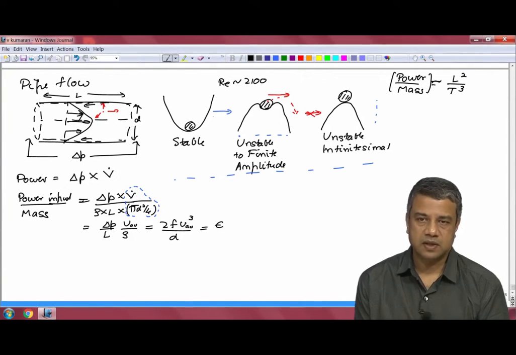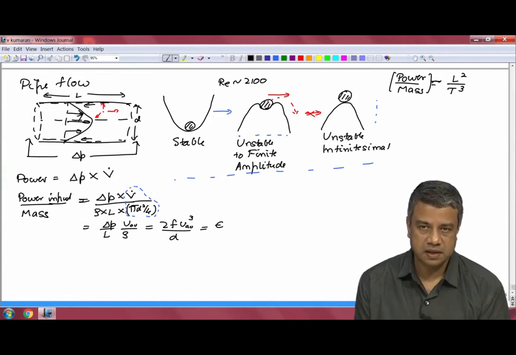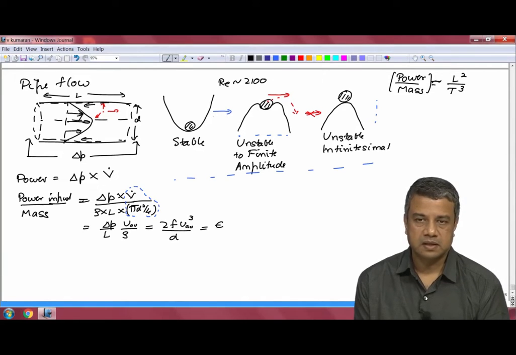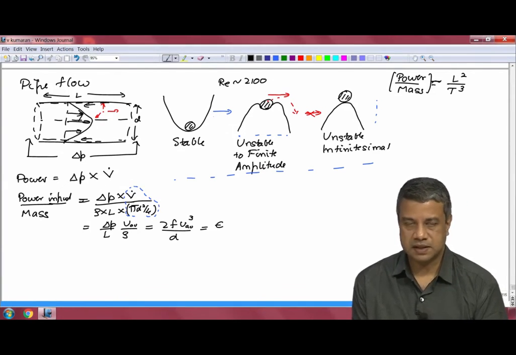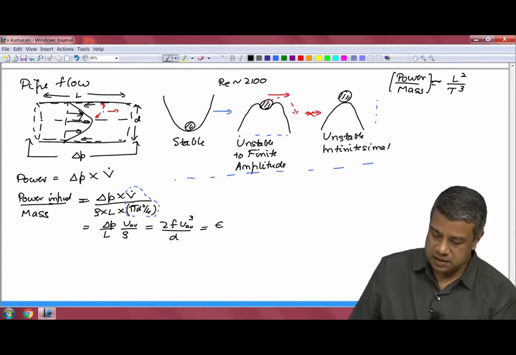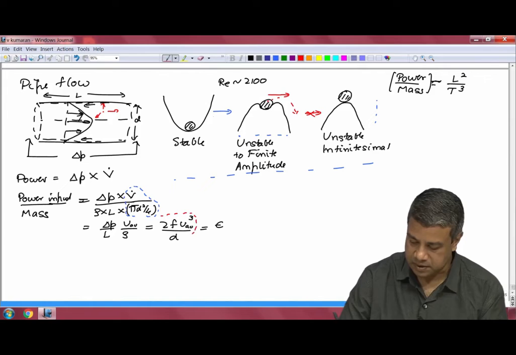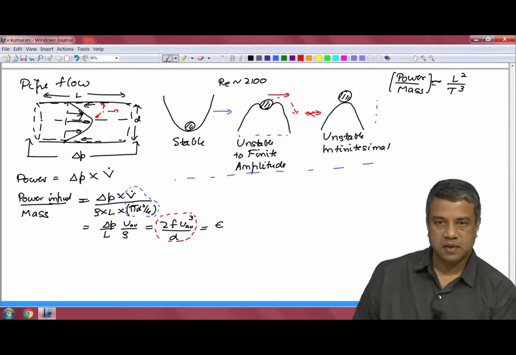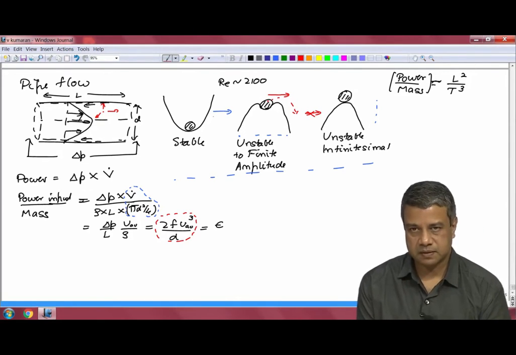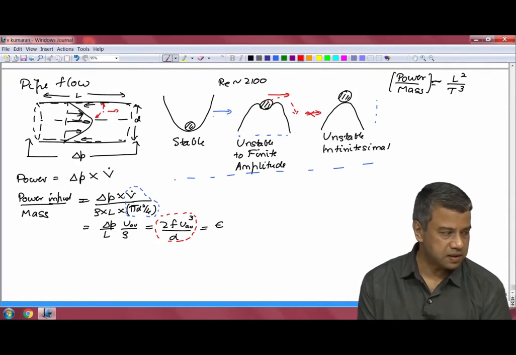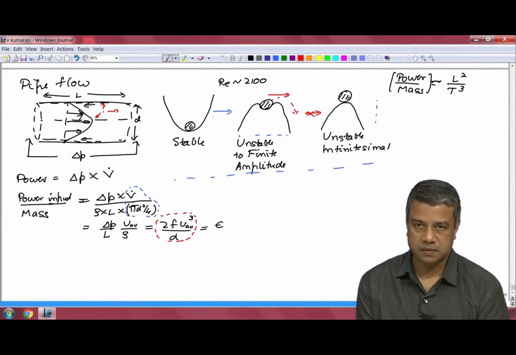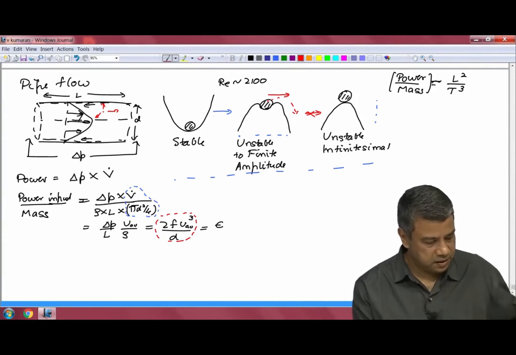The power that is put in through the pressure difference across the ends of the pipe has to be dissipated due to viscous effects in a turbulent flow at steady state. And this is the estimate for the amount of energy that has to be dissipated per unit mass per unit time. Basically, the power input is called the production of energy in a turbulent flow that has to be dissipated. So, production equals dissipation in a turbulent flow.